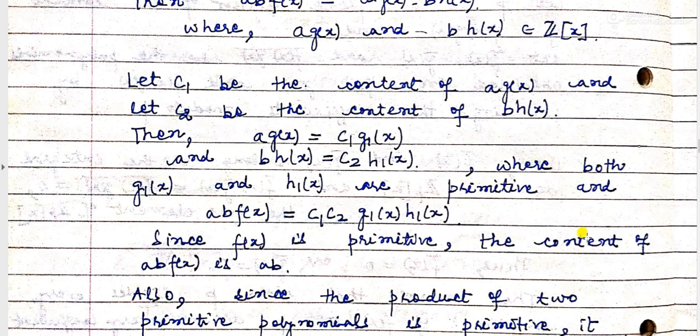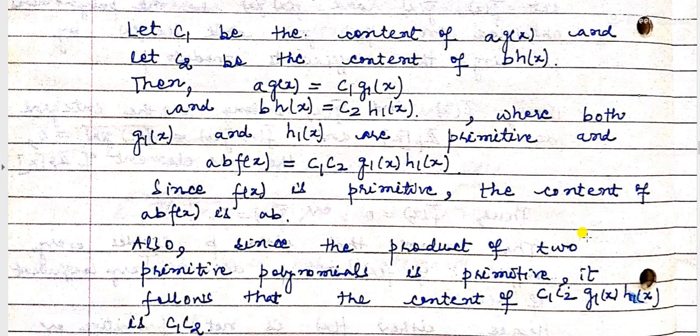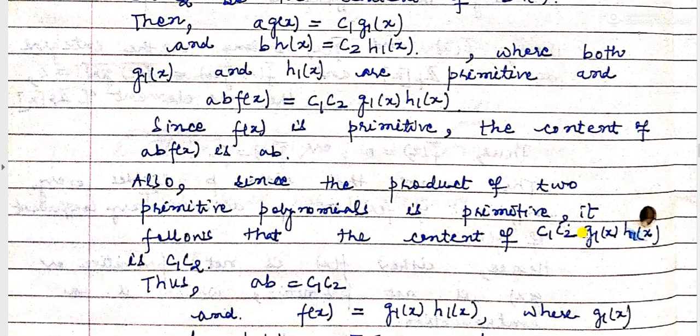Since f(x) is primitive, the content of ab f(x) is ab, and we have proved that the product of two primitive polynomials is primitive. It means g1(x) into h1(x) is also a primitive polynomial. So the content of C1 C2 g1(x) h1(x) is equal to C1 C2. If two polynomials are the same, then their content should be the same.